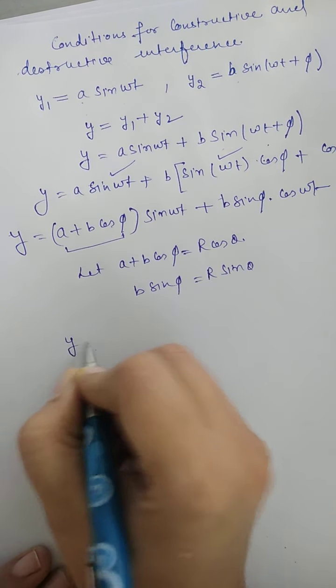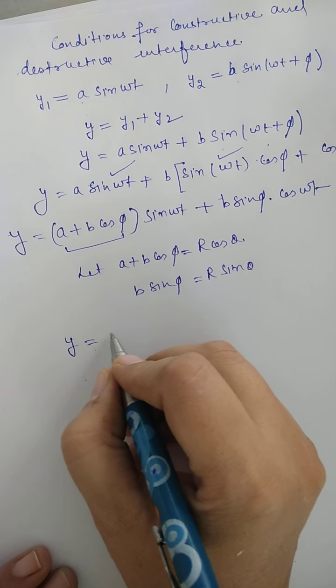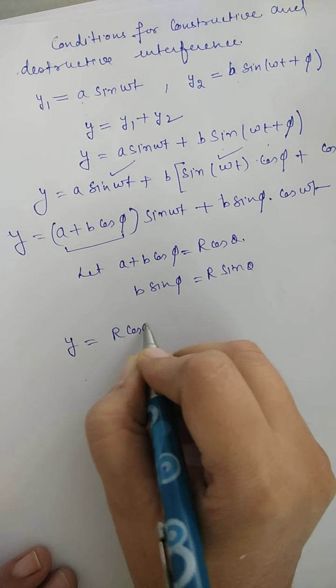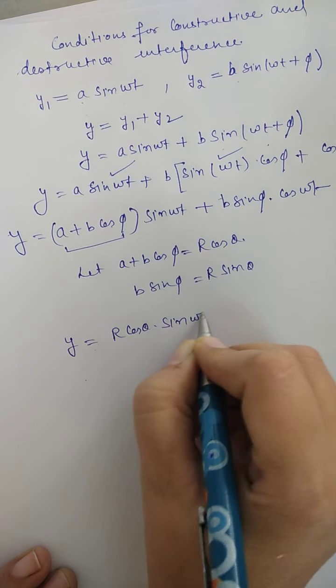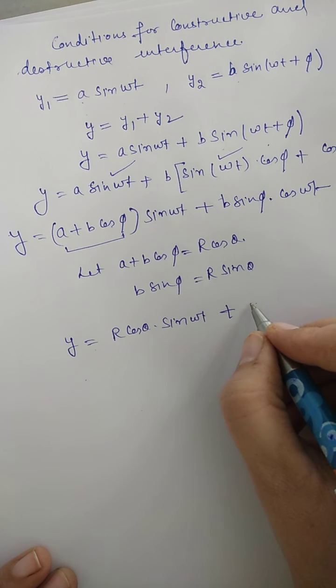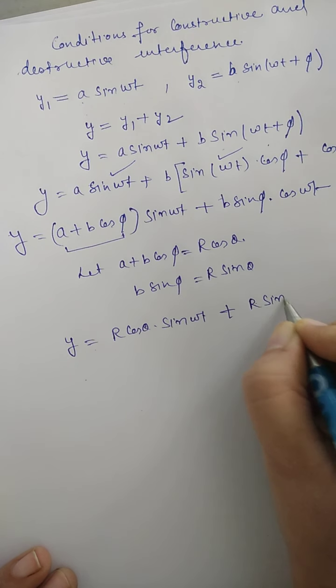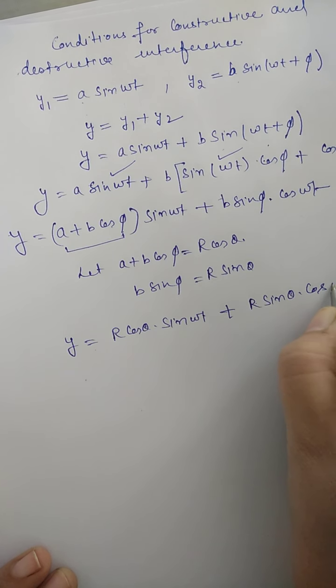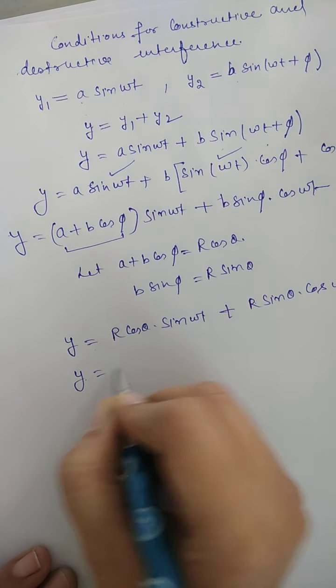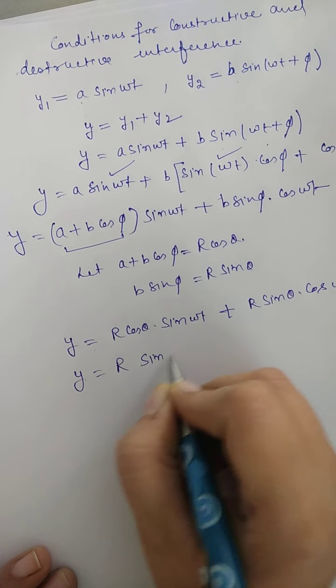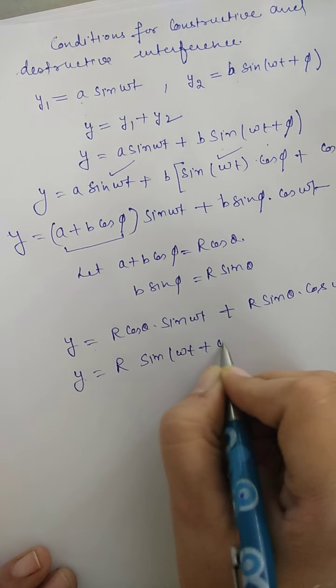So what does y become? Y becomes R cos theta sin omega t plus R sin theta cos omega t, so y is equal to R sin(omega t plus theta).